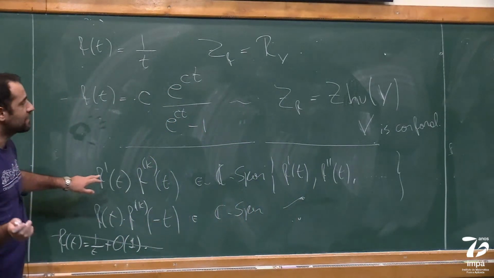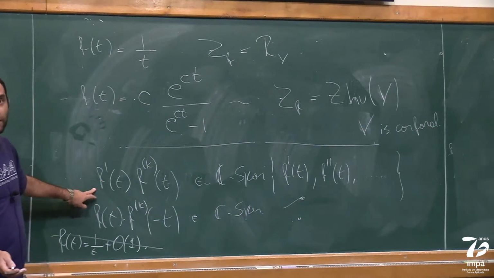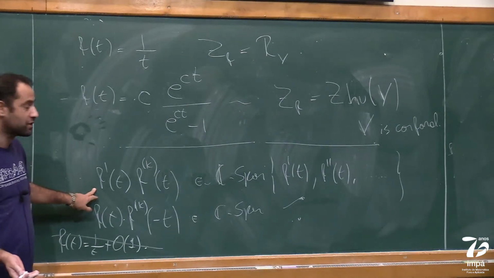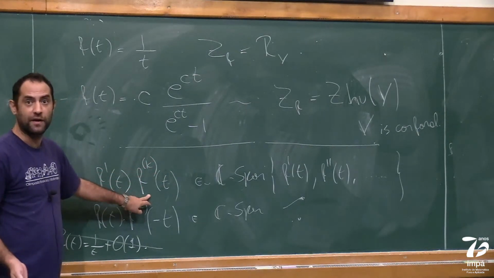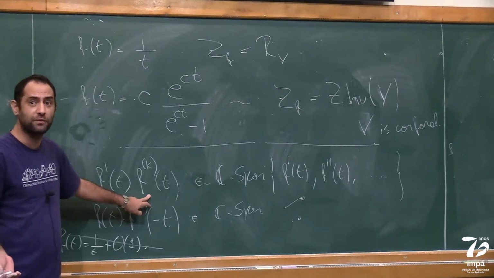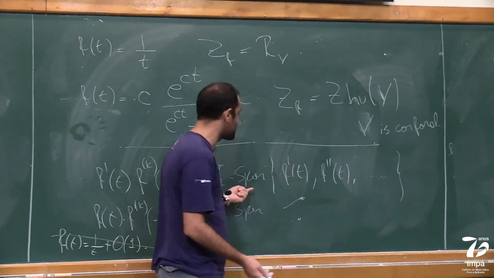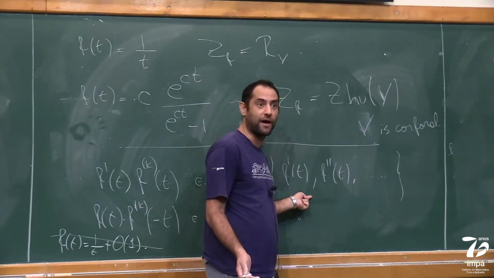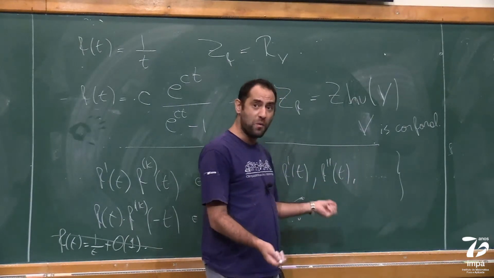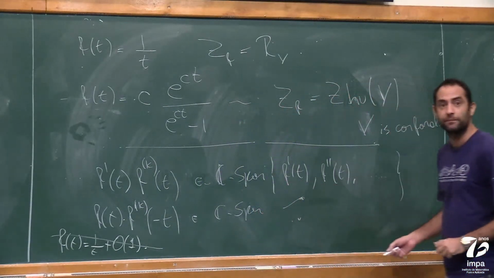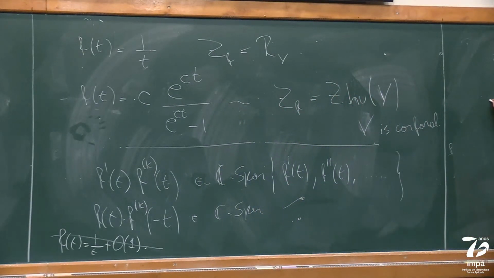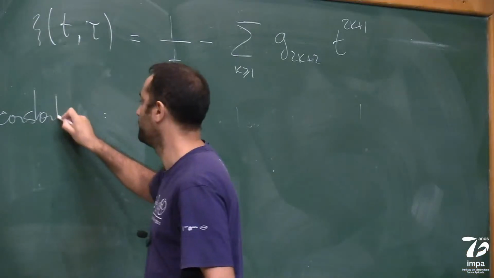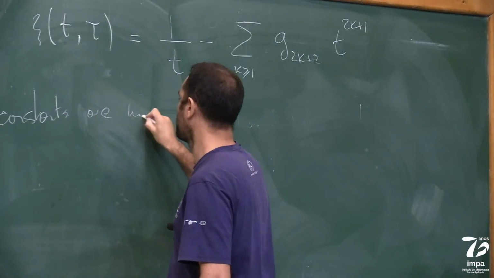If you take the derivative of the Weierstrass zeta function, that's the Weierstrass p function, times any derivative of the Weierstrass zeta function, that's some derivative of the Weierstrass p function, then that thing is a linear combination of derivatives of the zeta function, which are just derivatives of the Weierstrass p function. The only problem is that constants might appear, and constants are not here.